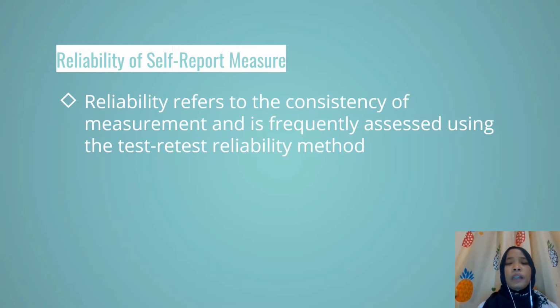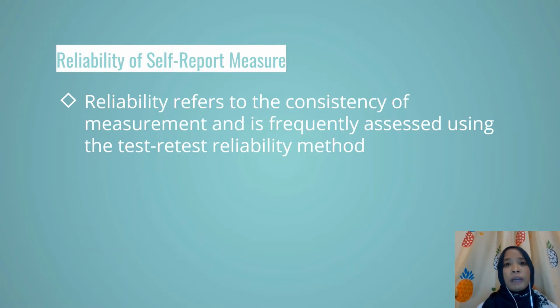So if you give the questionnaire right now in a particular setting, and then you give the same participant the same questionnaire again, you would want to get the same response. It means that your self-report measure or your instrument is reliable.